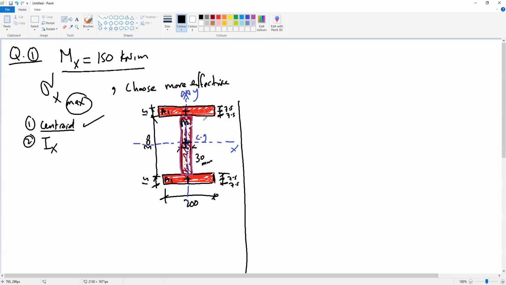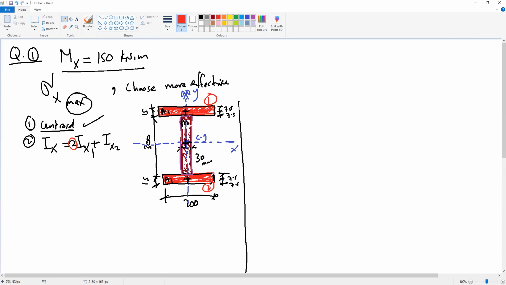Okay. So now, if you want to calculate the inertia, Ix will be Ix1 multiplied by 2 plus Ix2. Why do we have Ix1 multiplied by 2? Because we have two flanges.